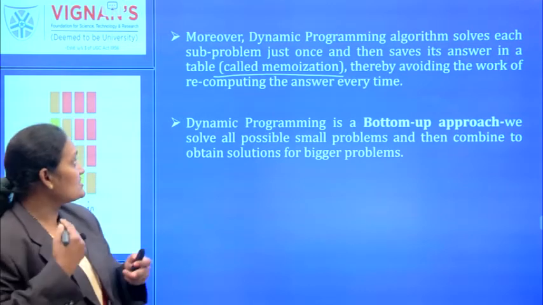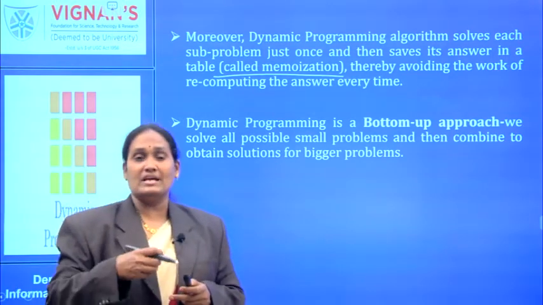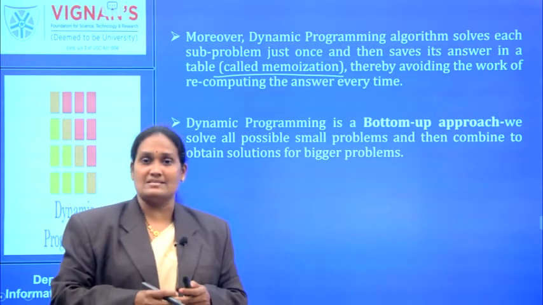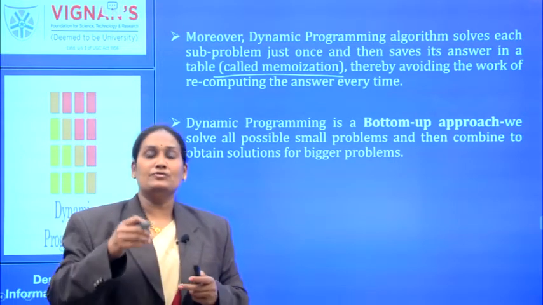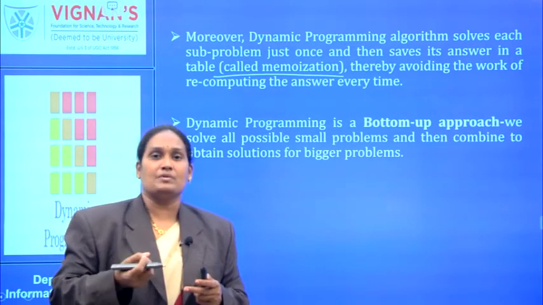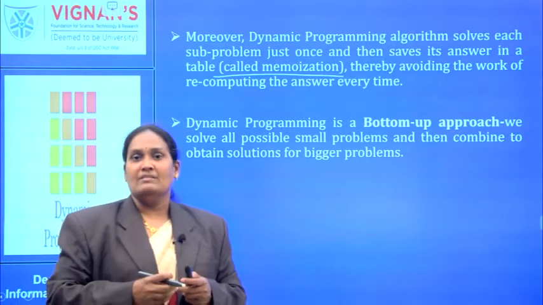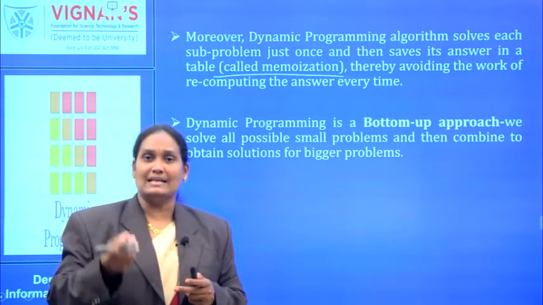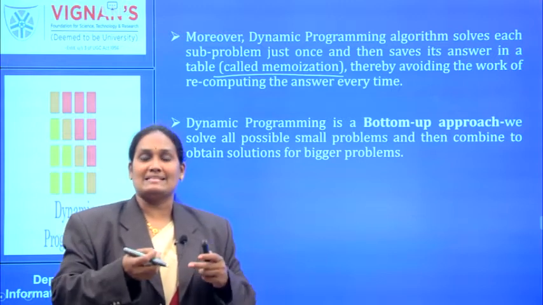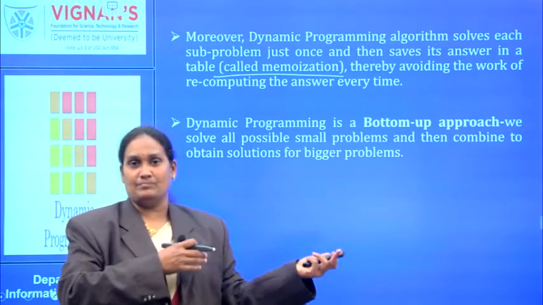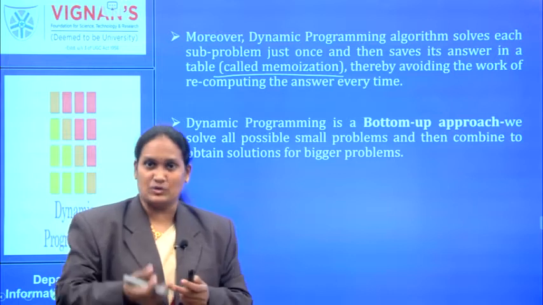That is why we are storing those answers. Storing subproblem answers in a table means if we encounter the same subproblem in future, without recomputing it, we access its solution from the table. That is, we are avoiding recomputation.